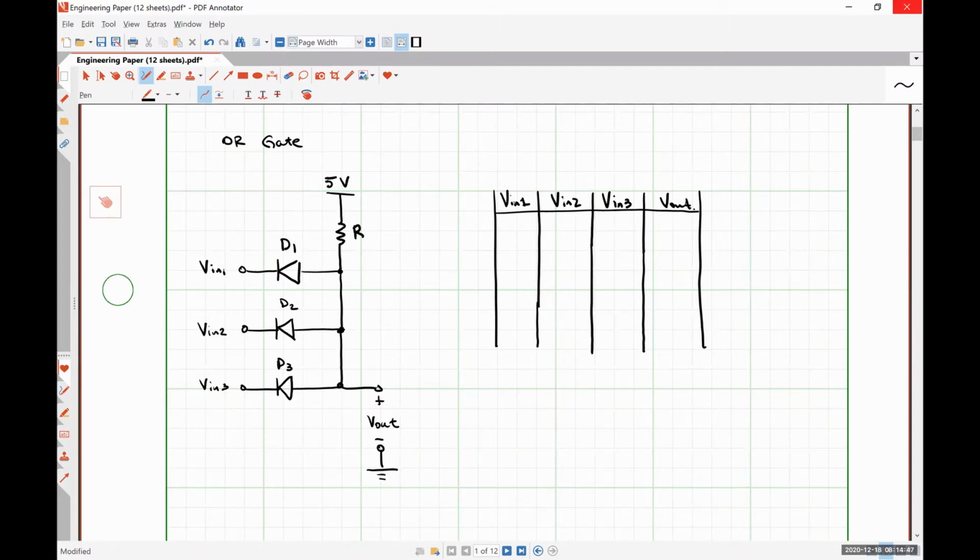So what conditions on our inputs make current flow through our diodes?